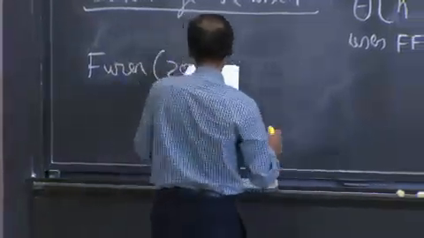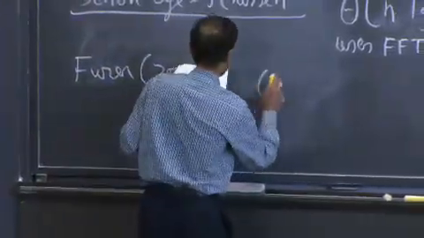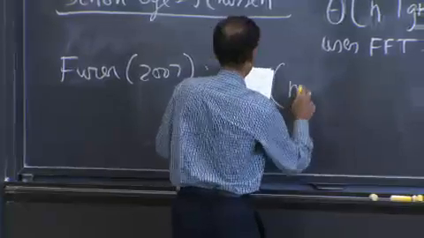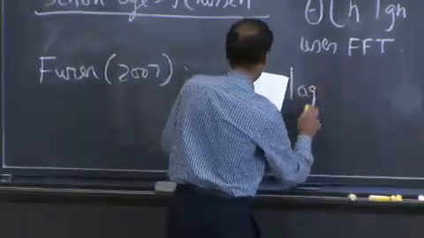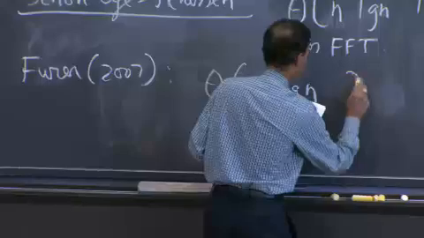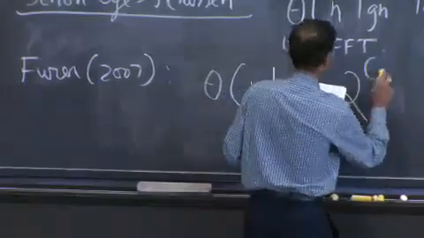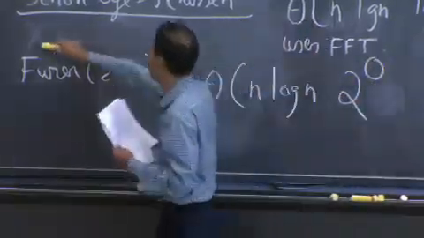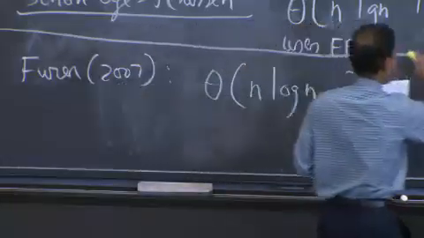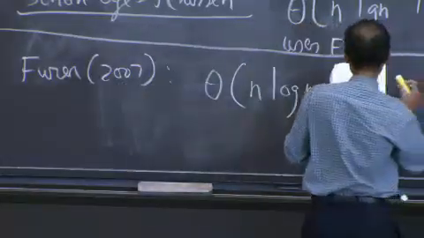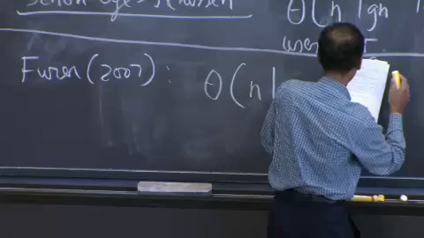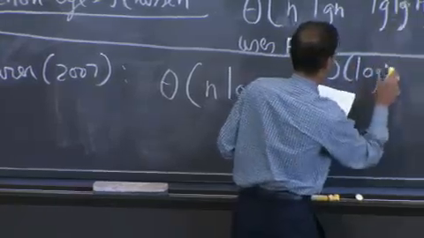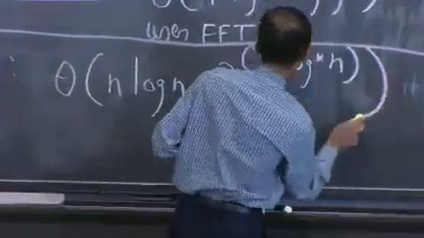A guy by the name of Fürer came up with this algorithm that is n log n, and let me write this carefully, 2 raised to big O, that's an upper bound, of log star n.